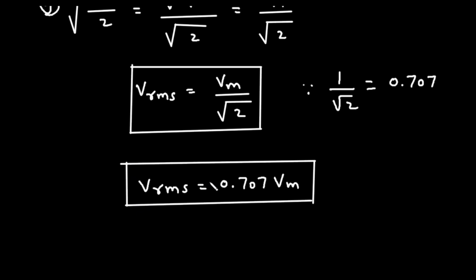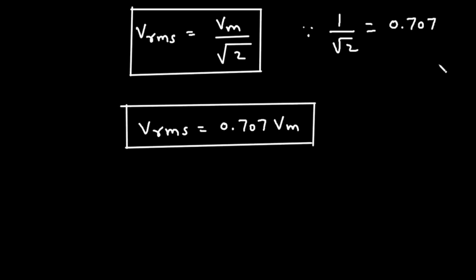So this is the formula for calculating VRMS. If we know the maximum value, then we can calculate its RMS value. And also remember that whatever voltage rating we see, like 230 volt or 120 volt, these are the RMS values. Remember that these are the root mean square values.